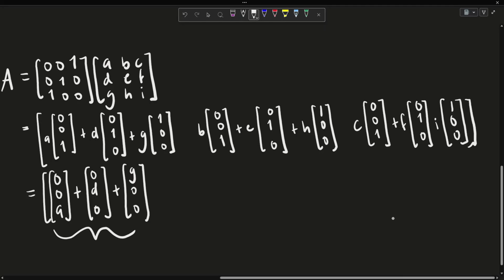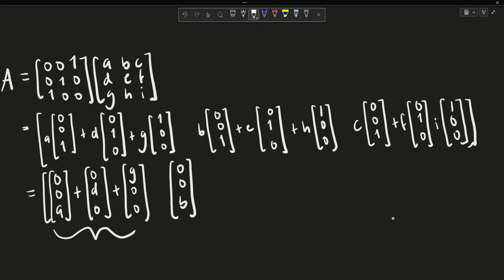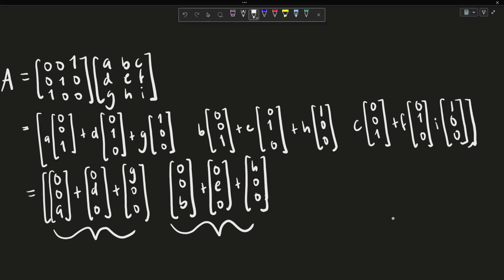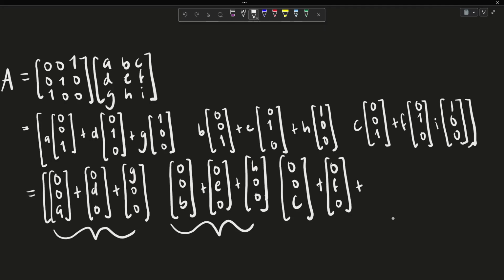We have 0, 0, B plus 0, E, 0 plus H, 0, 0. And this is the second column. In our third column, we have 0, 0, C plus 0, F, 0 plus I, 0, 0.